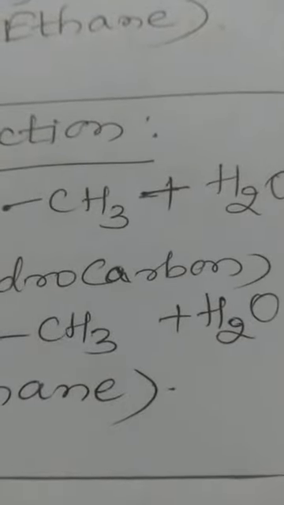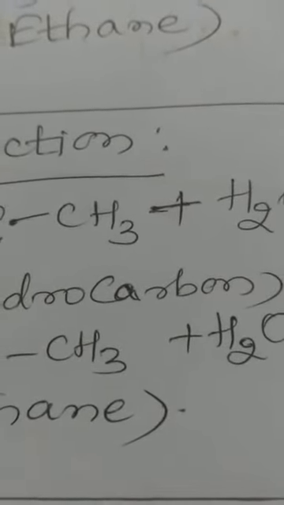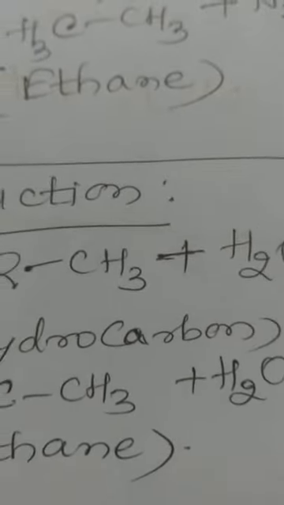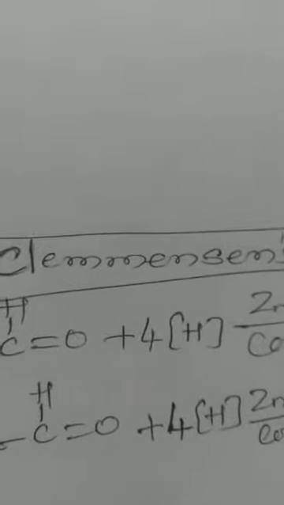So this is the Clemmensen reduction. Two named reduction reactions are mentioned for your syllabus: the Wolff-Kishner reduction and the Clemmensen reduction. So this is the end of the chemical properties of aldehydes.